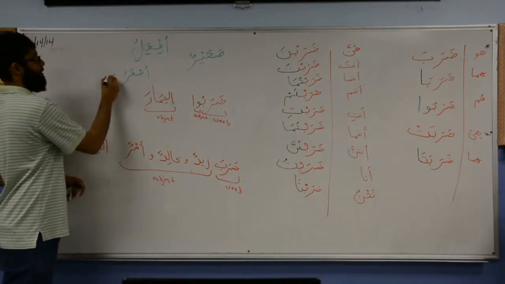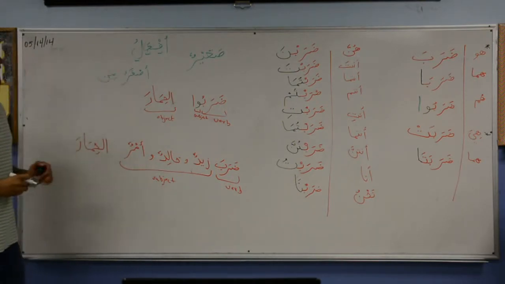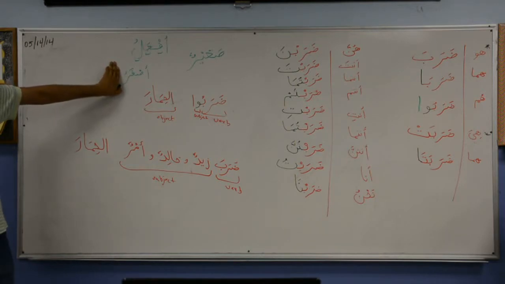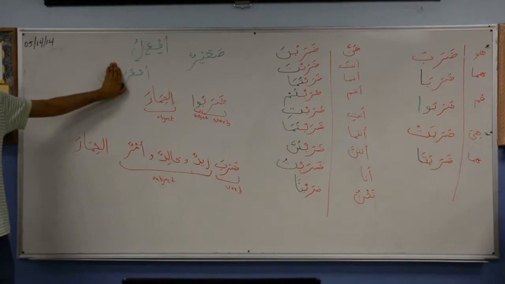Asgharu min, right? If I just leave it at asgharu, then it means it's the smallest. If this is the smallest pen, hada asgharu qalamin. This is the smallest pen.